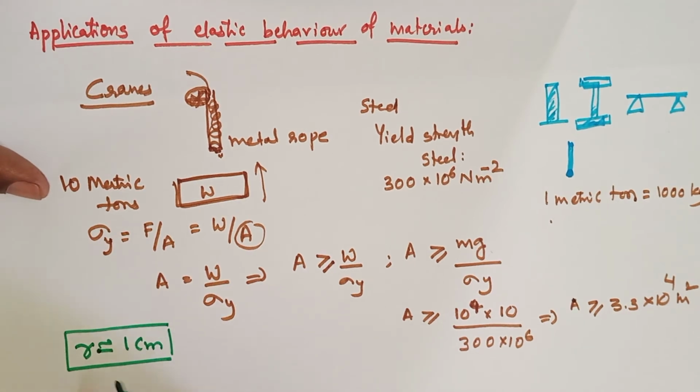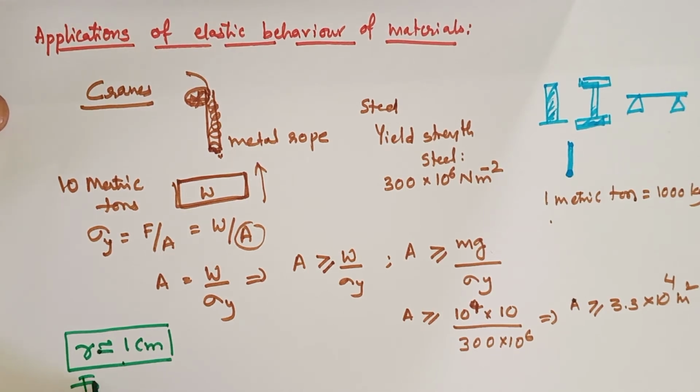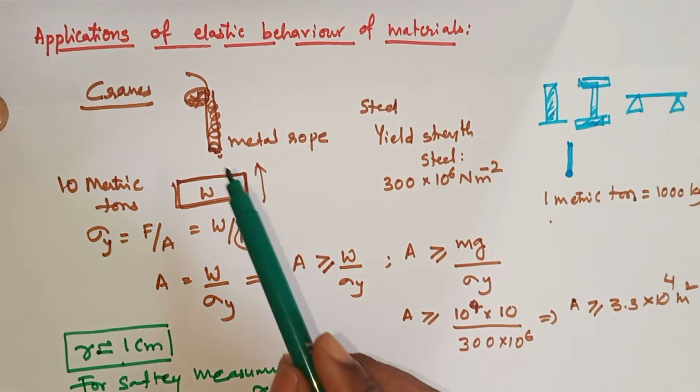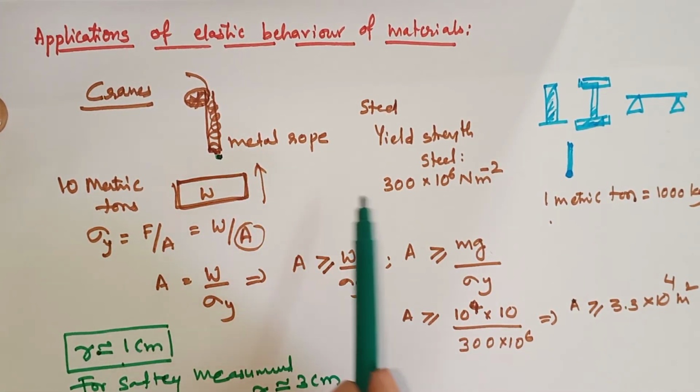So this is the radius of steel wire that can be chosen, but for safety we take 3 times that, approximately 3 centimeters of radius, which is required to lift 10 metric tons.